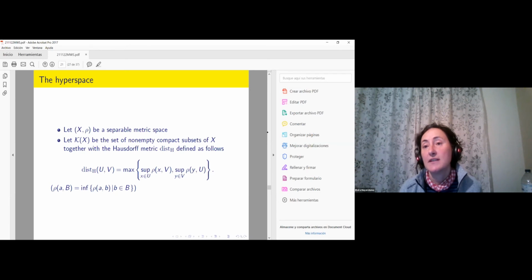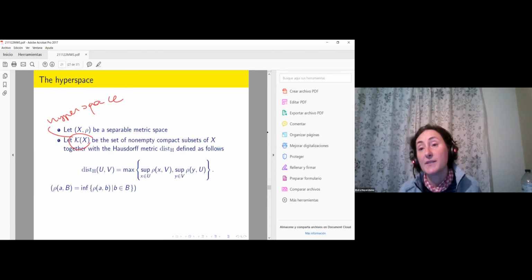For each separable metric space, you can look at the hyperspace, that is the set of non-empty compact subsets of the space, K of x, and you can get, again, a separable metric space on this K of x. This is usually called the hyperspace. You probably know.